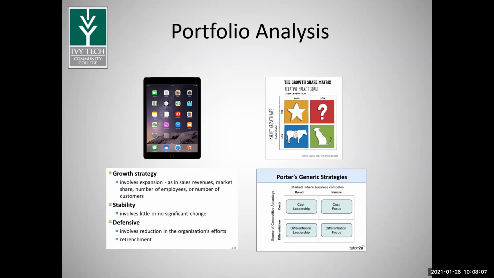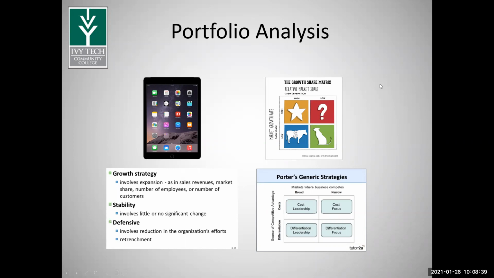But when you say I have a star and I want to continue to invest in this product, you're continuing to develop it, make it more attractive, give people reasons to buy the next one, until it is no longer in a growing market, and then it moves into that cash cow category, and you just want to continue to sell them as long as you can and use that to fuel what's next.